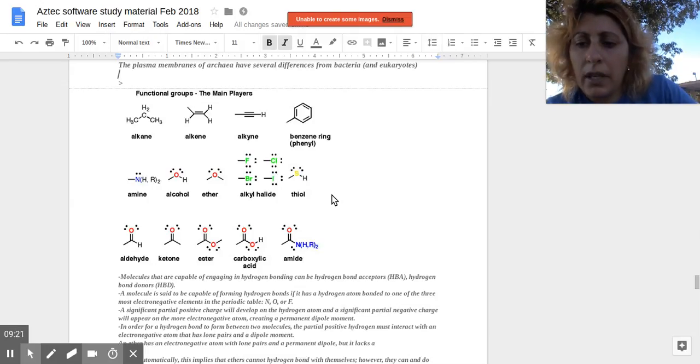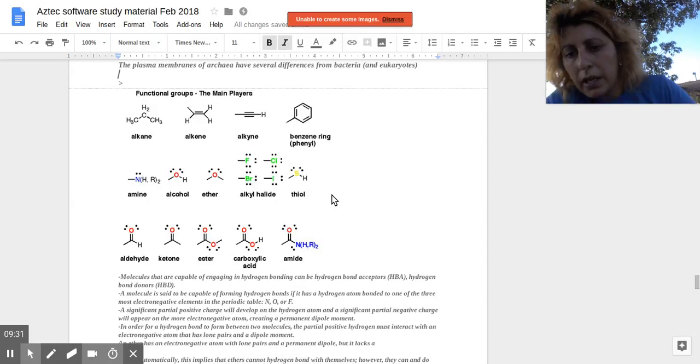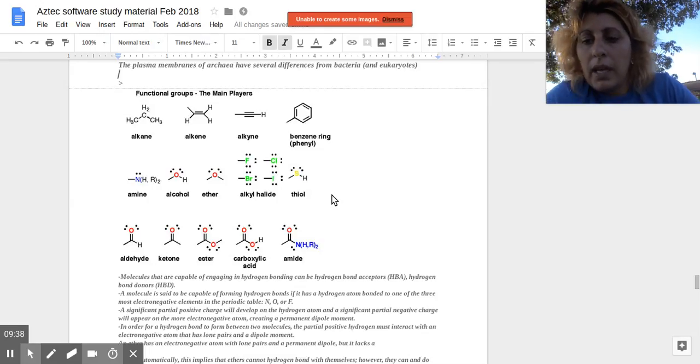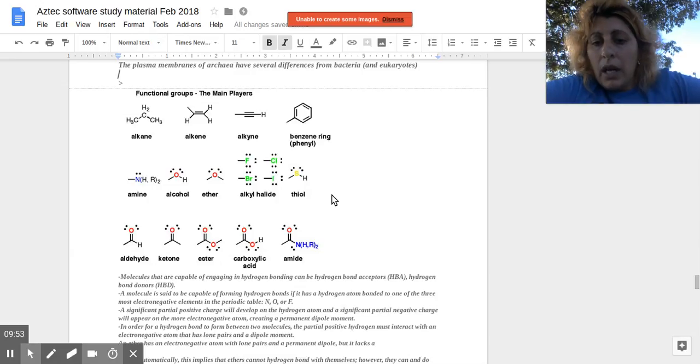Thiols have sulfur. Aldehyde is carbon double bound oxygen and a hydrogen, and another carbon. Ketone is carbon double bound oxygen and another carbon replacing the hydrogen. Ester is carbon double bound oxygen and an extra singly bound oxygen. Carboxylic acid is like an ester with a hydrogen instead of a carbon. Amide is a nitrogen group with the C double bound oxygen.